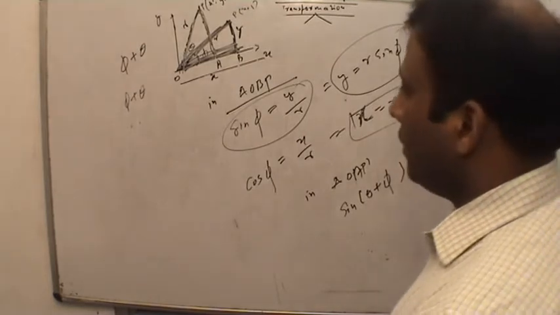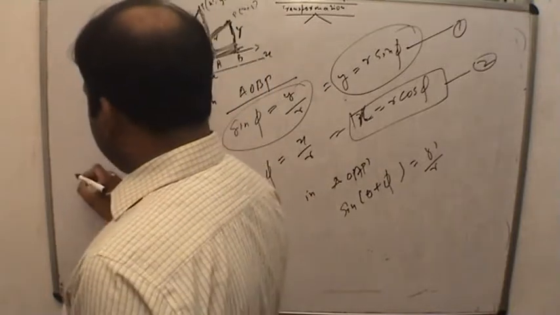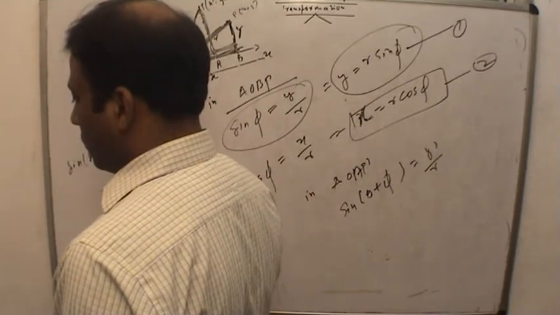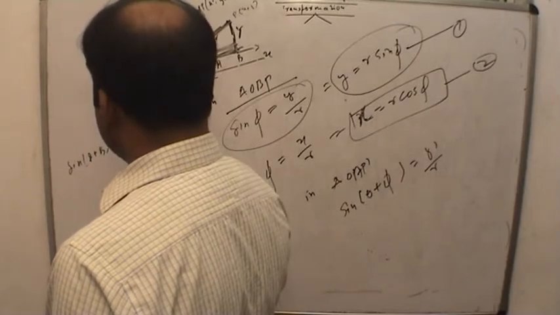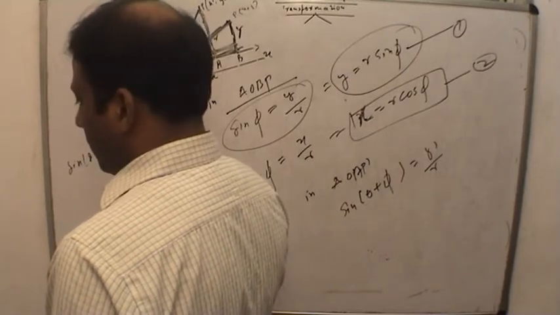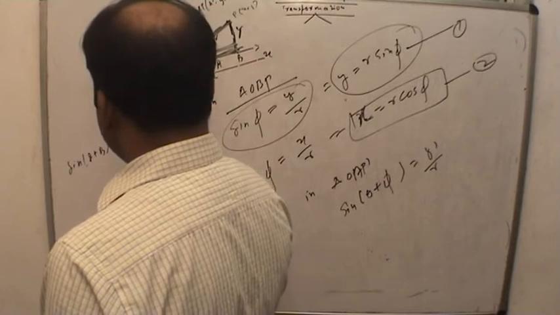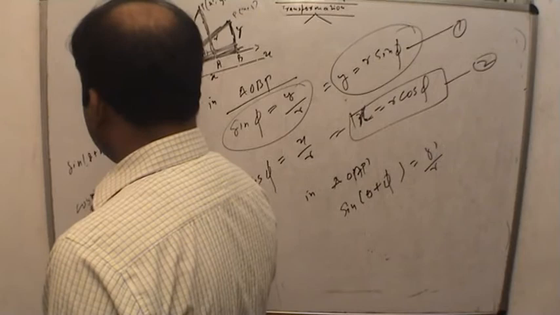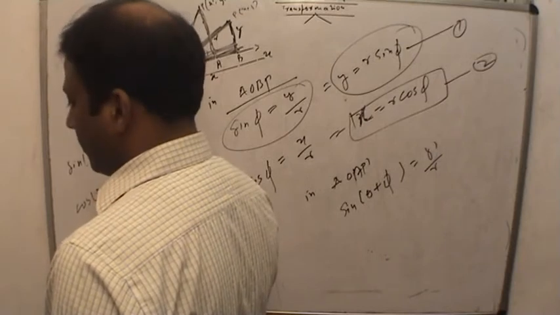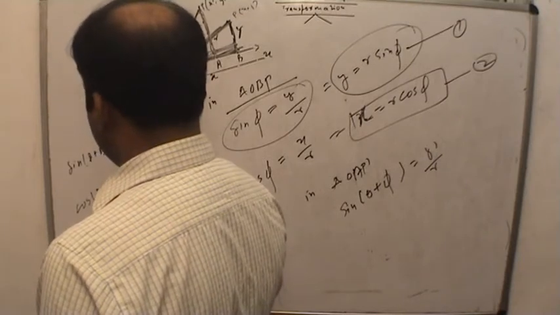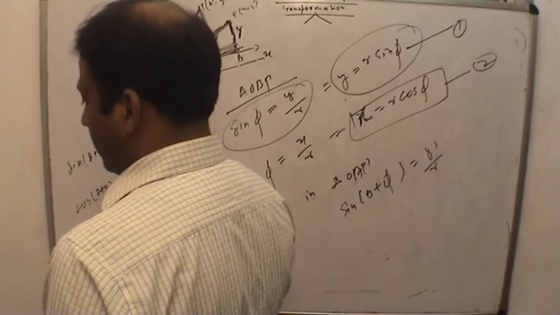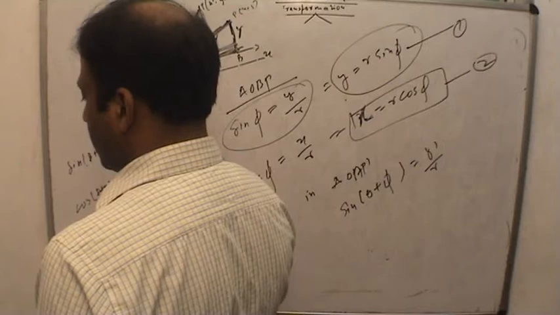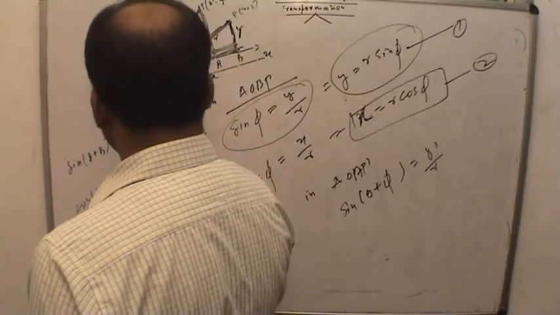Now we know the equations: sine of a plus b is equal to sine a cos b plus cos a sine b, and cos of a plus b is equal to cos a cos b minus sine a sine b.